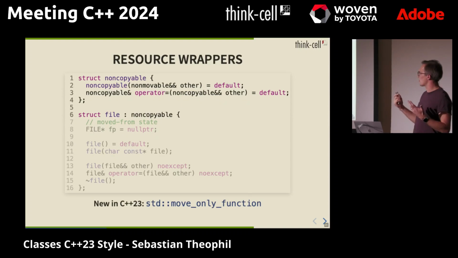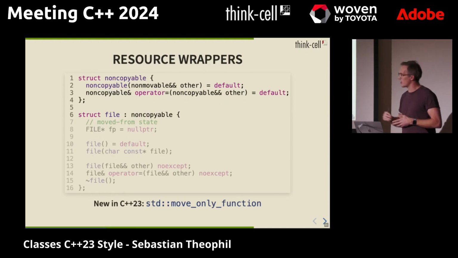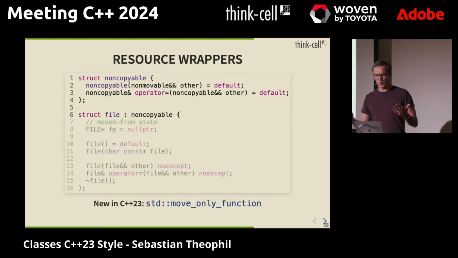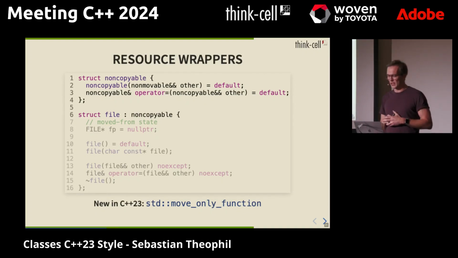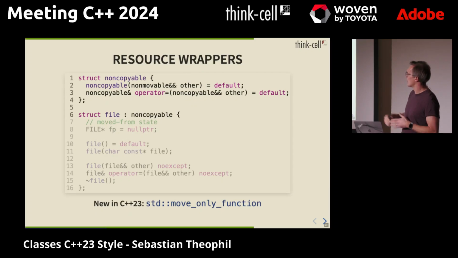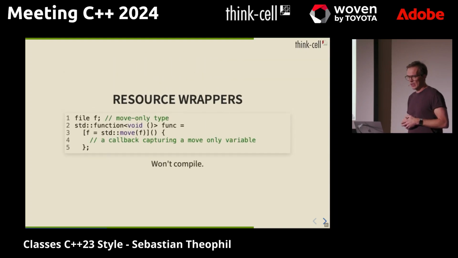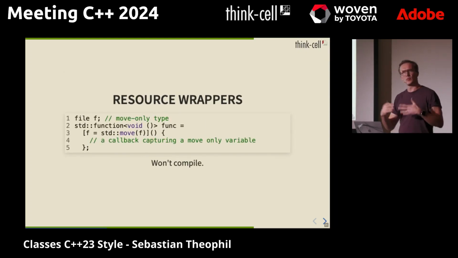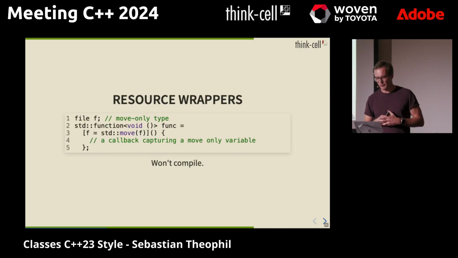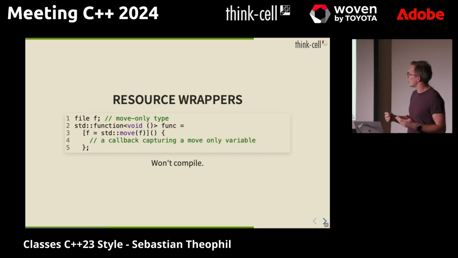And here we get the first new C++23 feature in relation to move-only types, and that's move-only function. So move-only function is itself a move-only type. And those two are very handy together, because you might have had the situation that you had a file or your database wrapper, whatever, and that was a move-only type, and you wanted to move that into a function object.